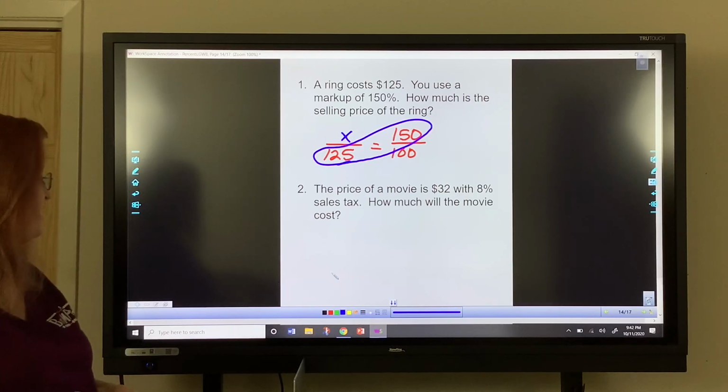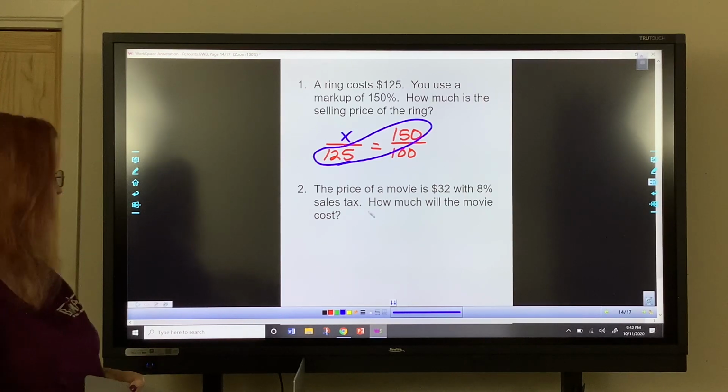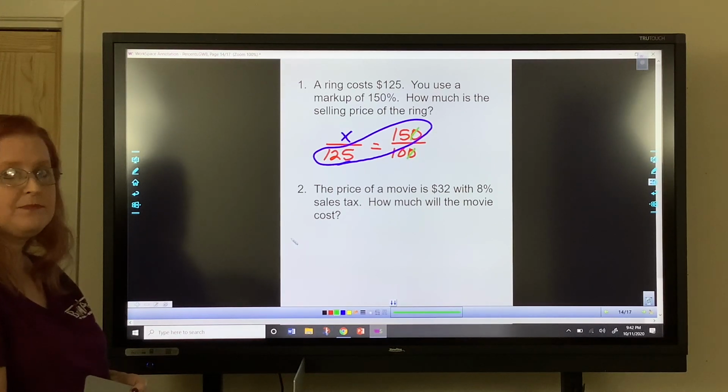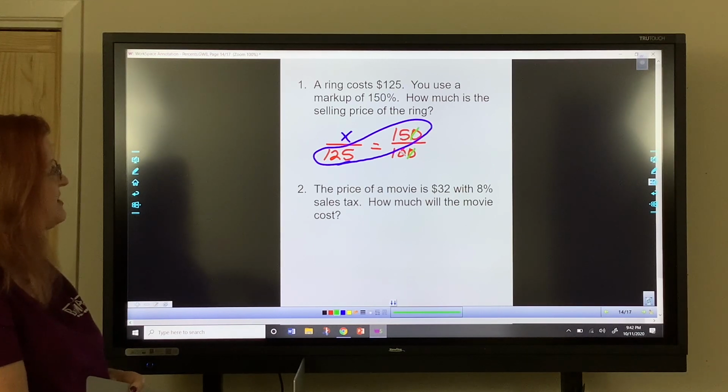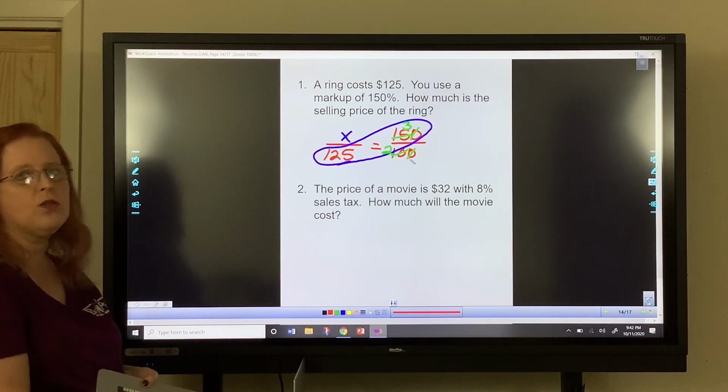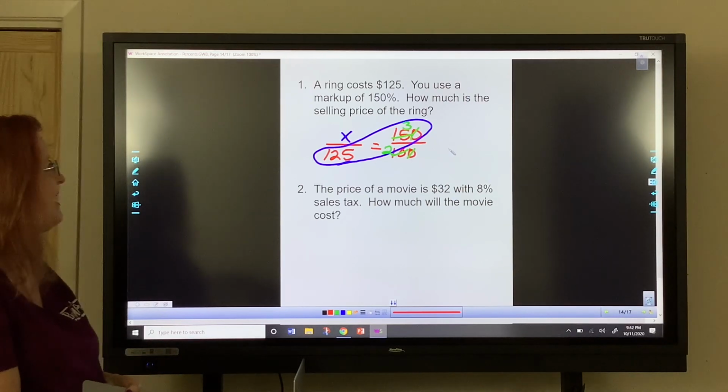I'm going to help myself just a little bit, and instead of multiplying 125 times 150, I'm going to take off the zeros, and I'm going to reduce 15 and 10. 15 by 5 would give me 3, and 10 by 5 would give me 2, and I hope you can see that green. So now I have a whole lot easier numbers to multiply by.